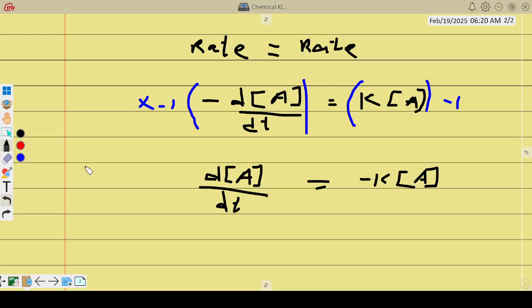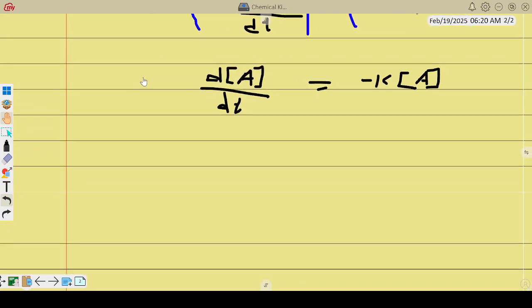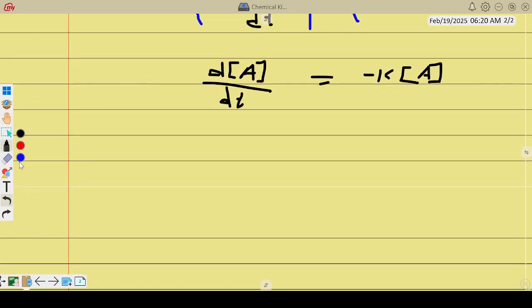At this point, how do I explain this? Very simple. We're going to cross multiply. Remember, we want to have this concentration on this side. So we cross multiply, this means there's over 1.